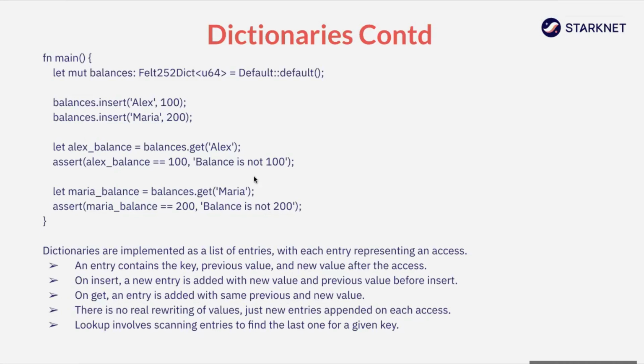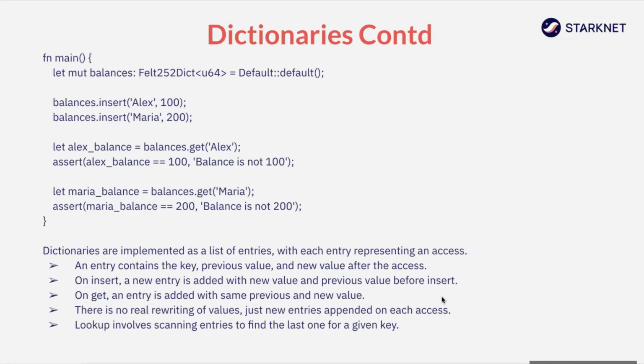What this says is, at this point, where balances.get gets the balance of Maria, the previous value and the new value will both be 200. So that's what get does. When you're getting a value and when you're inserting a value, it's creating a new entry. That's what you should understand.